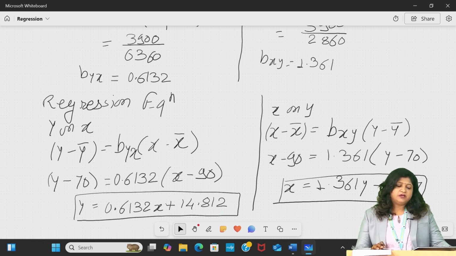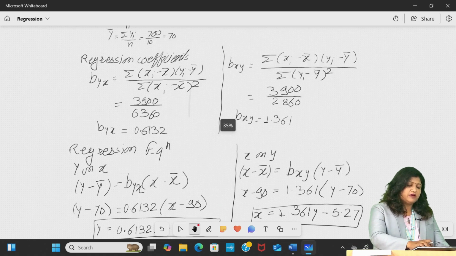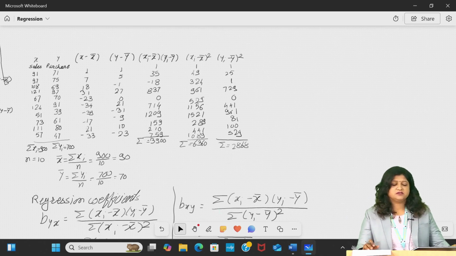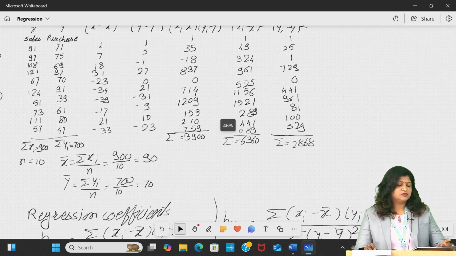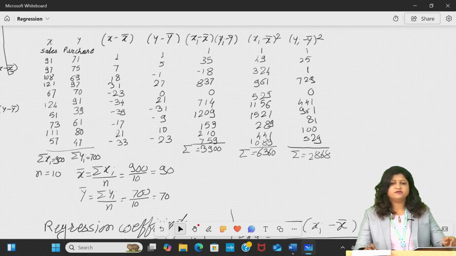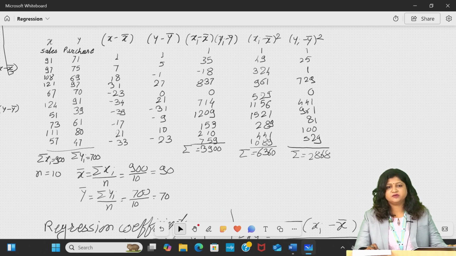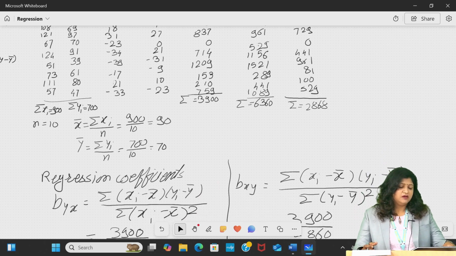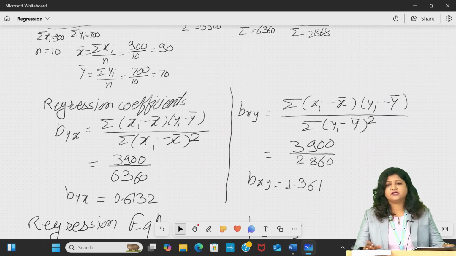In this example, we have the values of sales and purchases. Suppose there is a value of sales, x, which is not present in the database. We have the value of sales and we have to calculate the value of purchase. We can use the corresponding regression equation to predict that value.